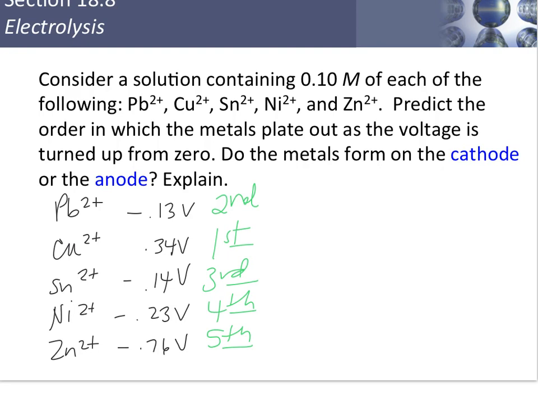The metals form on the cathode, as usual, when we're talking about reduction. You could also answer this question in terms of oxidizing ability, or the ability to be an oxidizing agent, and the order would be the same. Remember, an oxidizing agent accepts electrons.